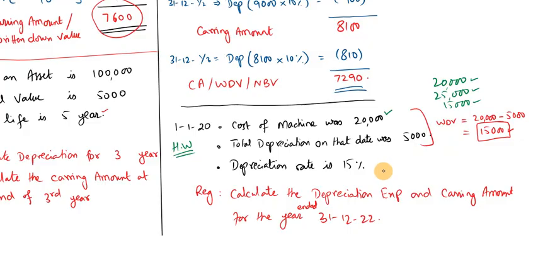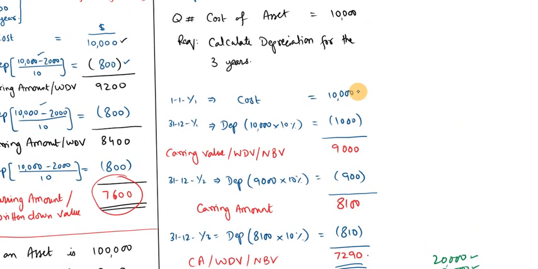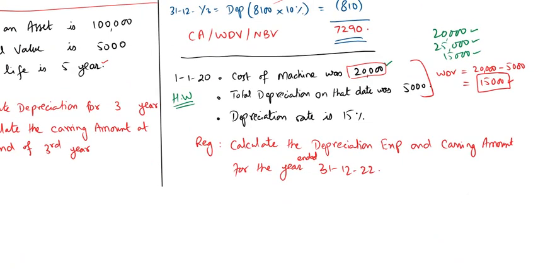So we calculate depreciation on 15,000, not on 20,000, because this is not the first year of an asset. If the first year of an asset is given, then we start from the cost. Afterward, every depreciation will be calculated on the written down value, not on cost. But if we bought the asset some years ago, that later year will not be the cost year. So if we calculate depreciation from the later year, we start from the WDV amount, not the cost amount. Okay, got this point?